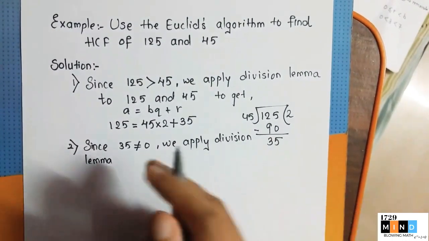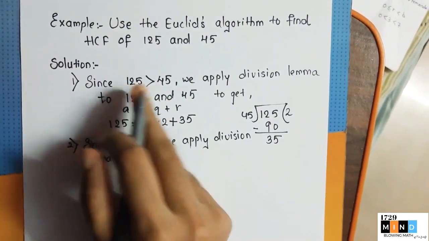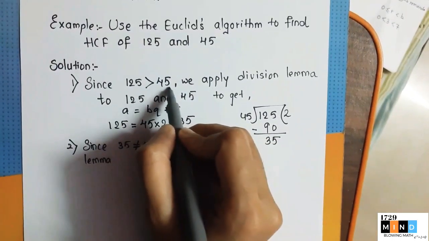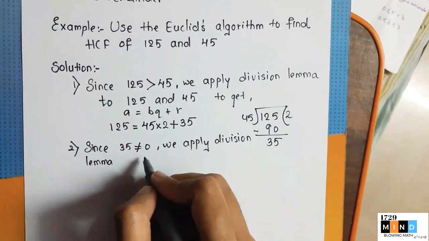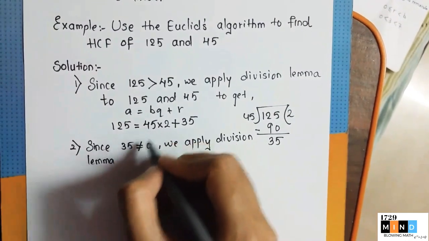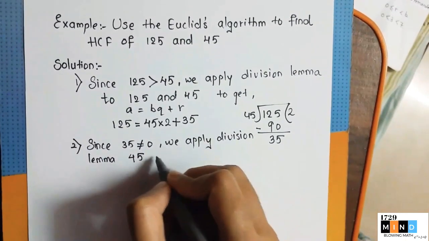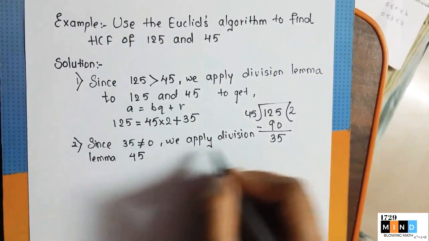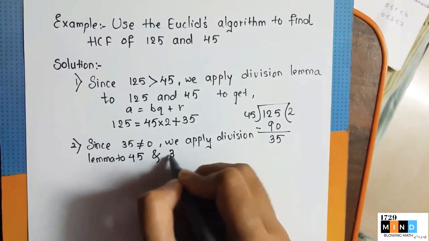Keep in mind, when we go to the next step, we are not going to consider 125. We consider the next number, that is 45. So 45 will be the dividend and the divisor will be 35. We are applying division lemma to 45 and 35.